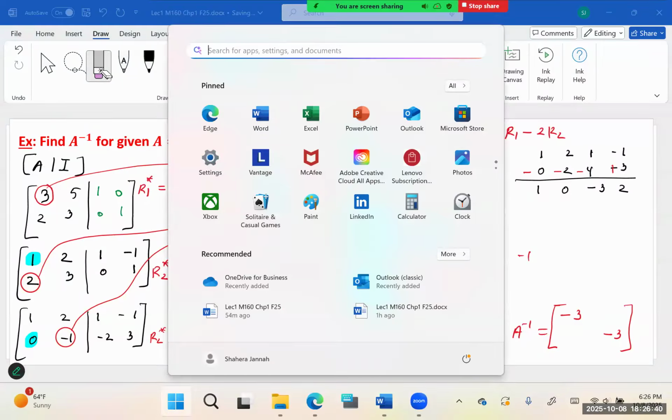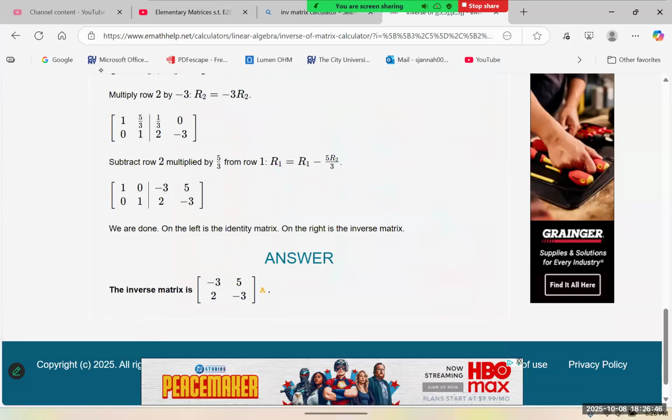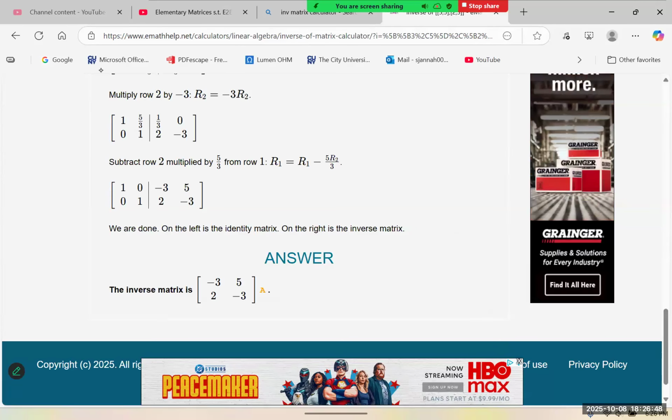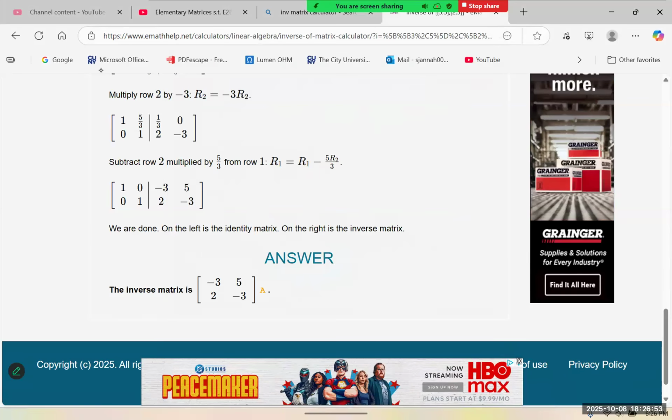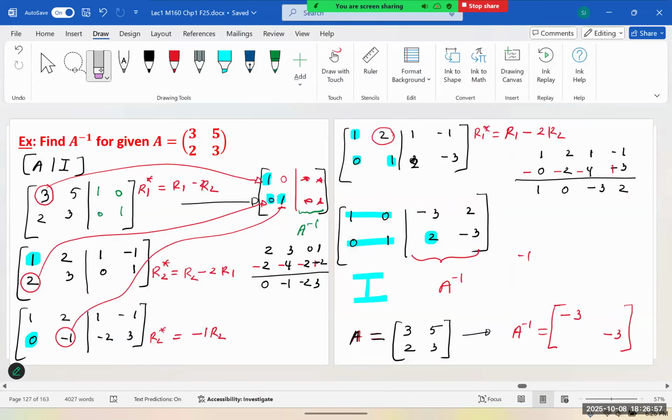No, it doesn't look right because we have to swap the 2 places. How come they didn't swap the 2 places? Yeah, let's multiply them and see whether we have I. So they said 2 is here, 5 is there. Is it true?